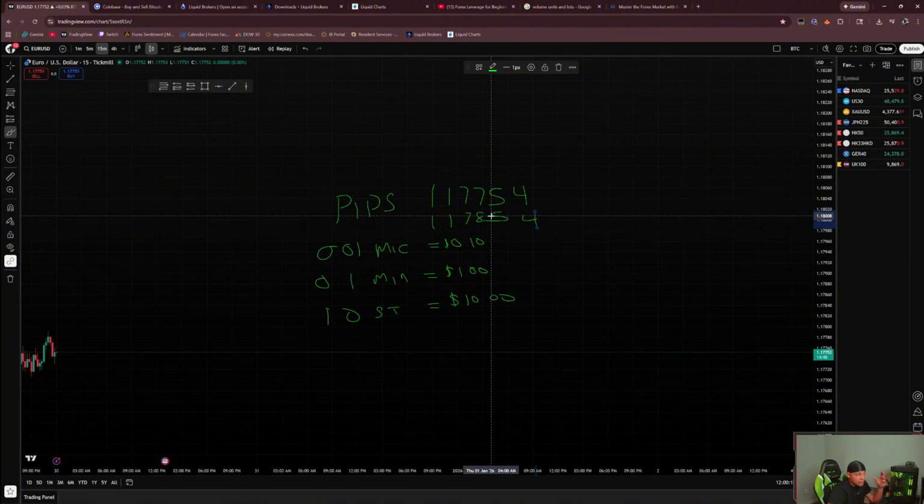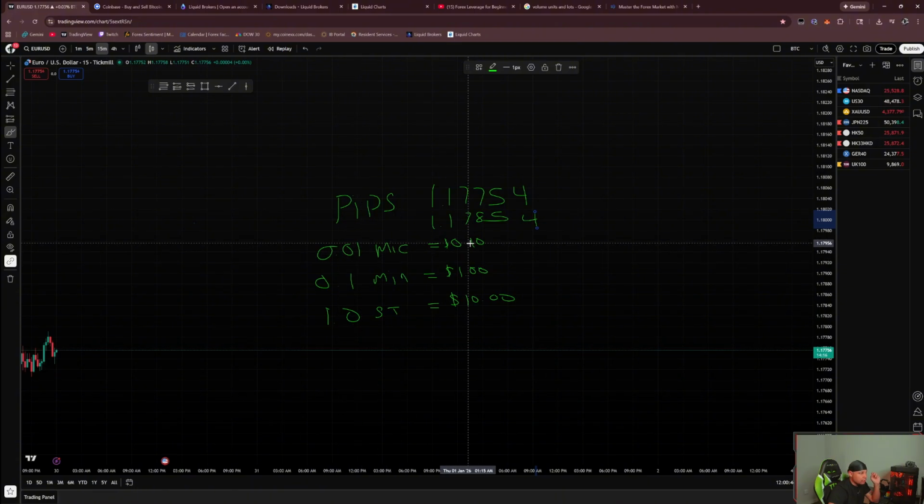And how to calculate that is right here. We have a micro lot size, a mini lot size, and then a standard lot size. That is how much money you will make per pip. With this, all you want to do is move the decimal point to the right one time.